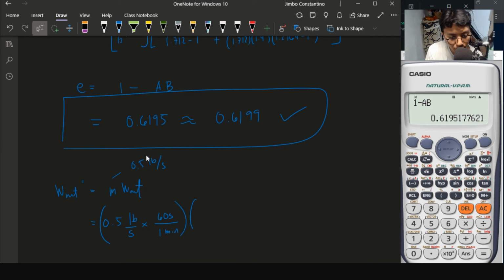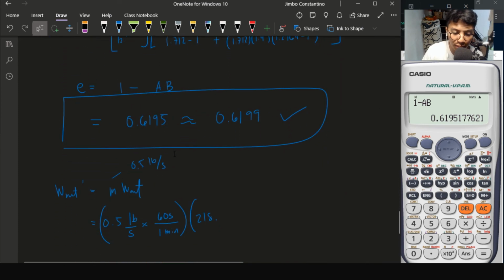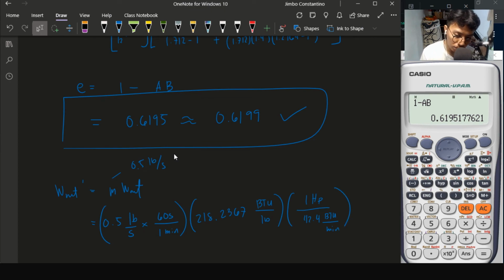Multiply ko sa network na 218.2367 BTU per pound. Tapos, multiply ko ng conversion factor for HP. You have 1 HP every 42.4 BTU per minute. Okay na yan.